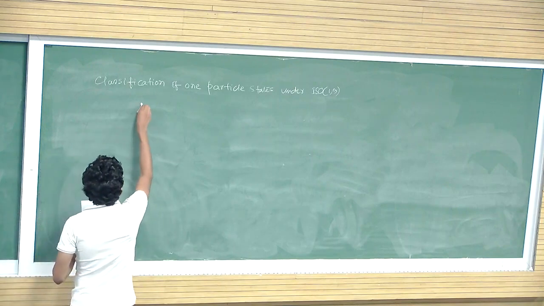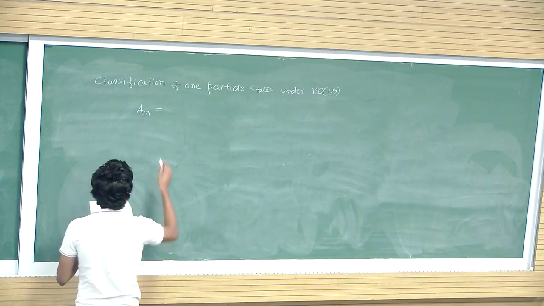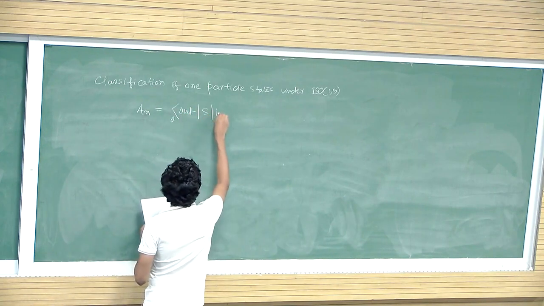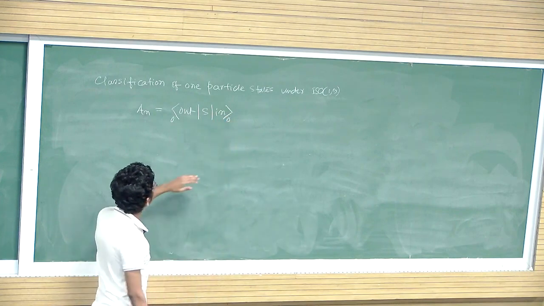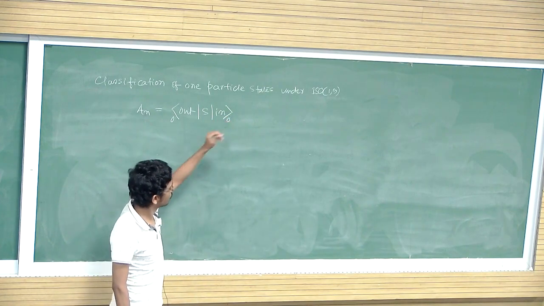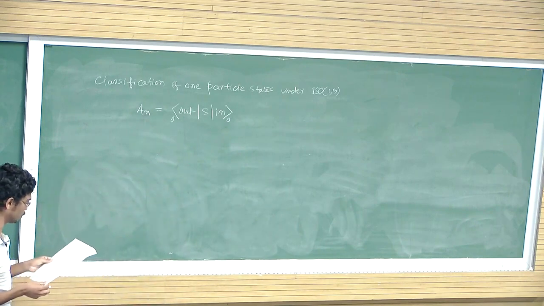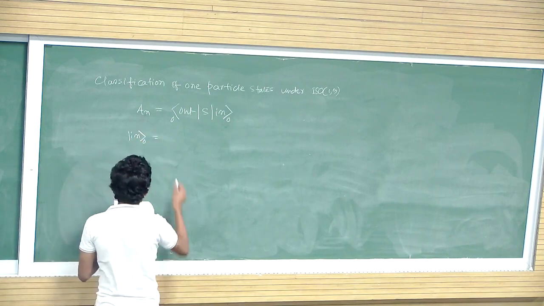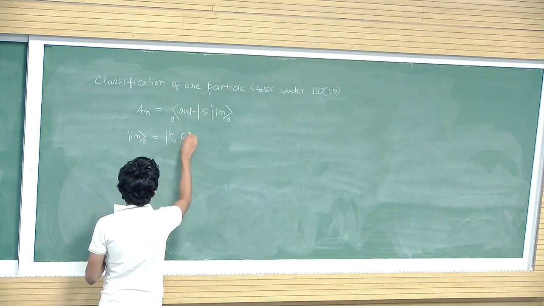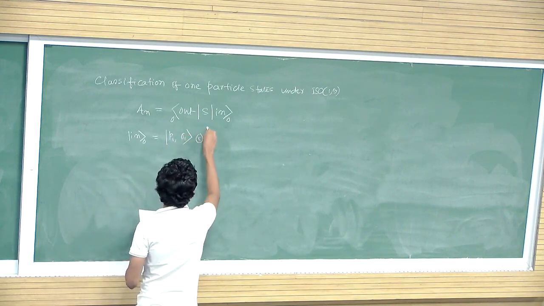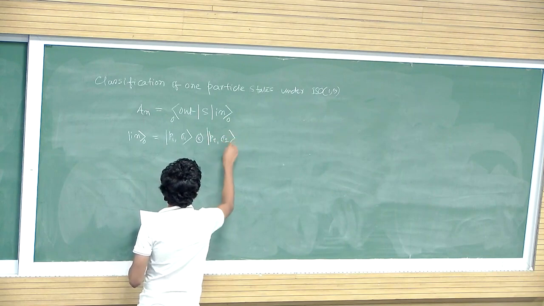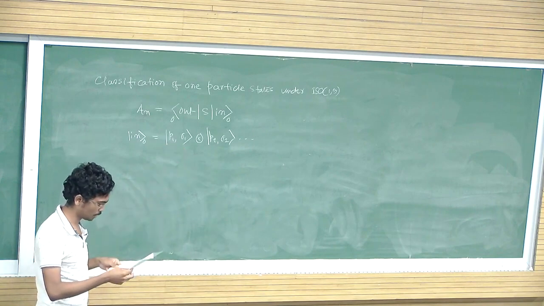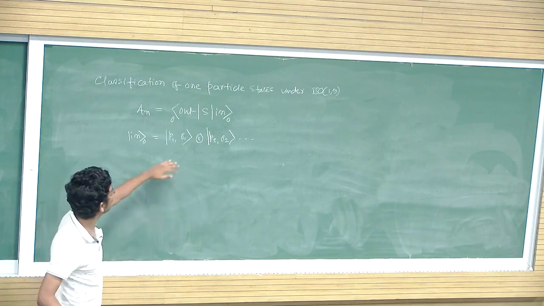For example, an n-point amplitude A_n is defined as the overlap of out and in states. The subscript 0 here means the in state is the eigenstate of the free Hamiltonian H0, and this in state is written as a product of one particle states. So p1 is the momentum of the particle, and we will see what this means.